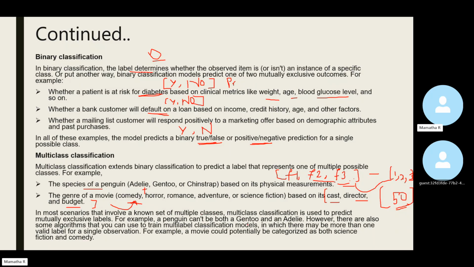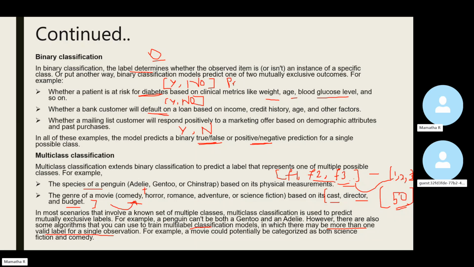Yes. So here, when we are doing a multi-label classification model, the word itself defines that there may be more than one valid label for a single observation.